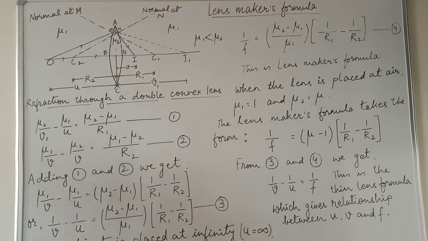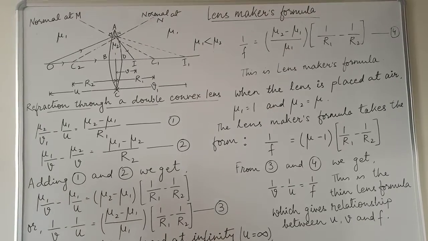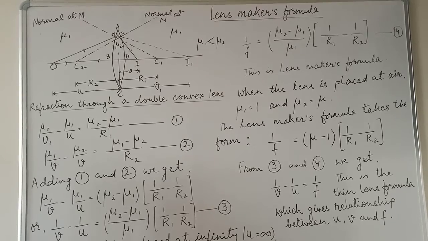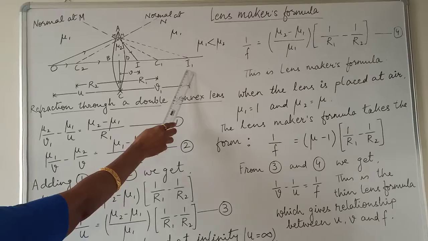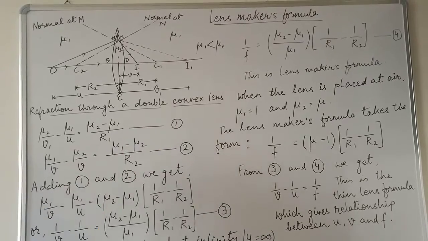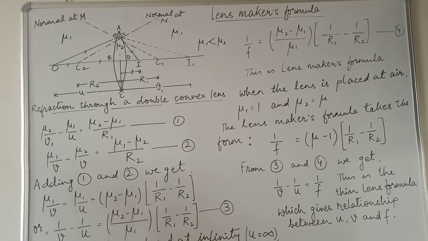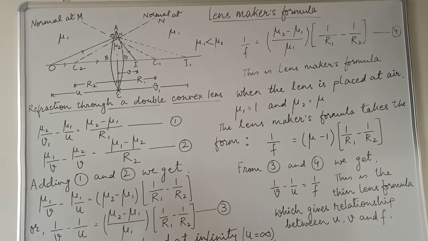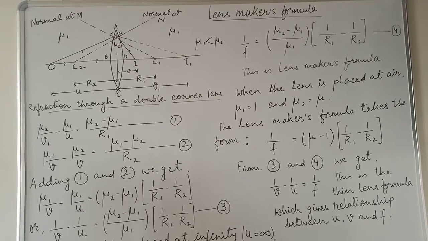If the second surface ADC were absent, the ray MN would have met the principal axis at I1. So, we can treat I1 as the real image formed by first surface ABC in the medium of refractive index mu2.